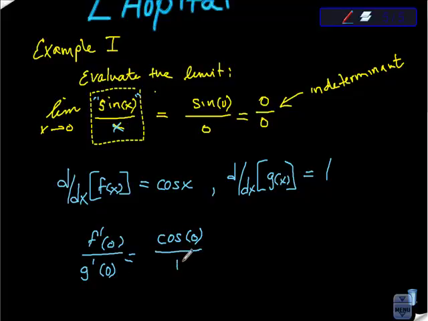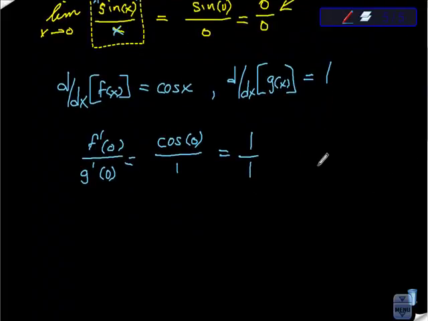There's no way to evaluate the bottom part because there's no variable there, but we do know that cosine of 0 is 1. So that comes back as 1 over 1. So now we know that the limit as x goes to 0 of sine x over x is equal to 1.